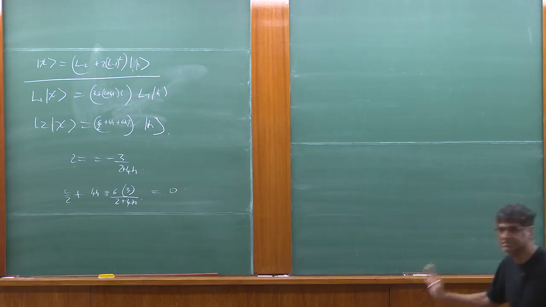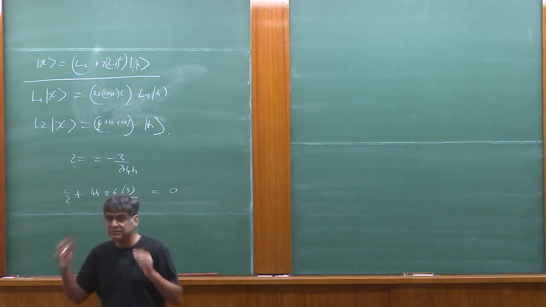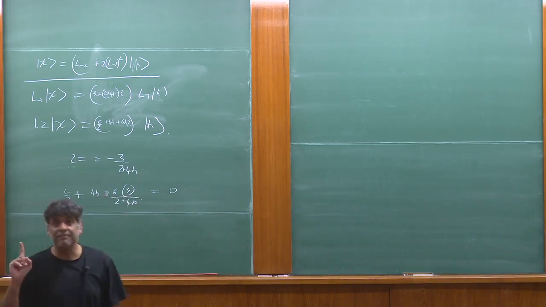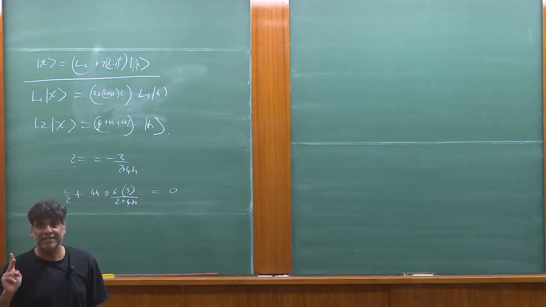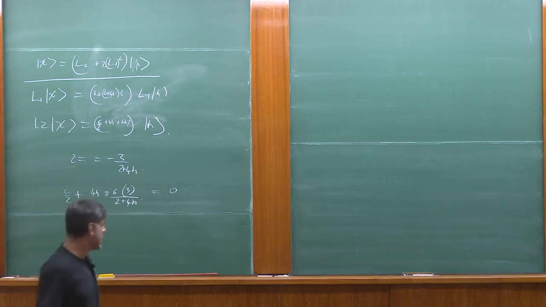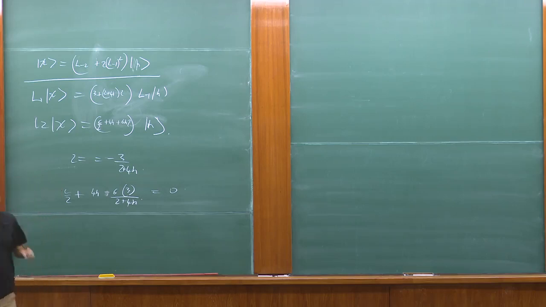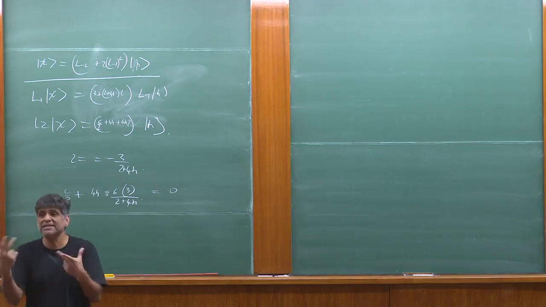Is this clear? What about h equals 0? There should be h equals 0. We looked for a level 2 descendant. Yeah. So what about h equals 0? See, the way that h equals 0 is a null state is that the primary itself is null.